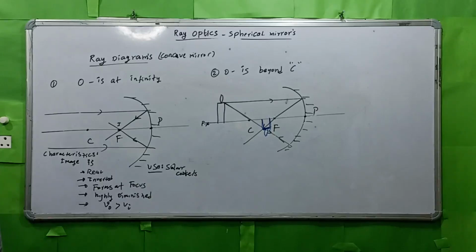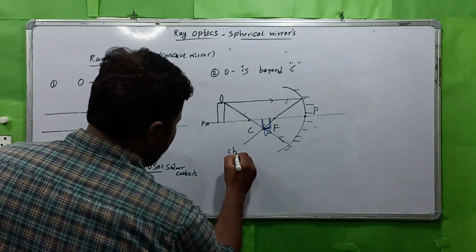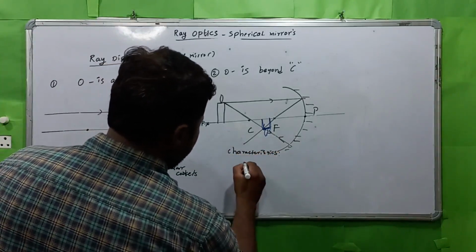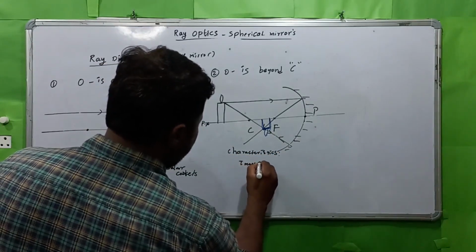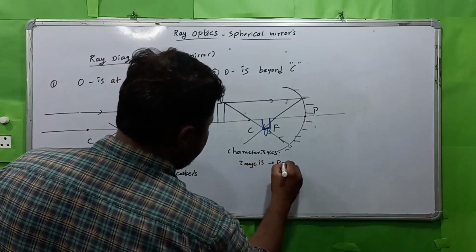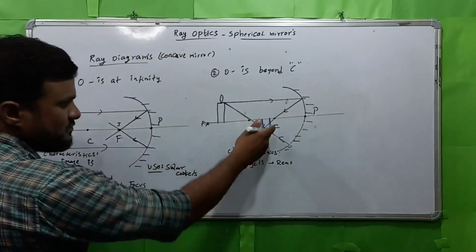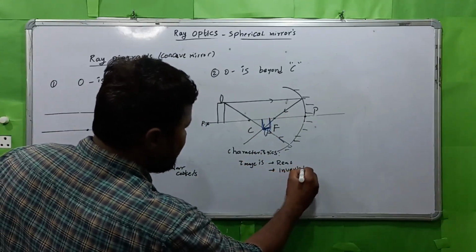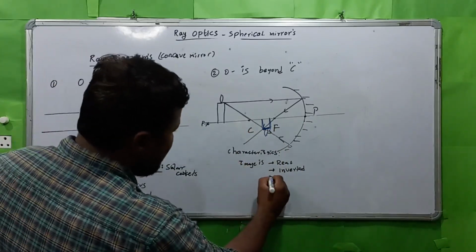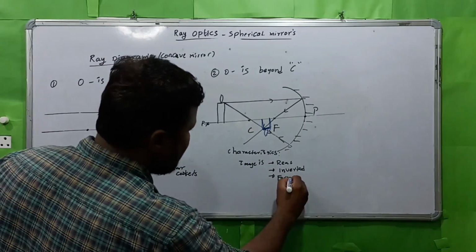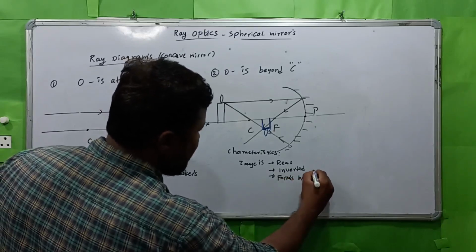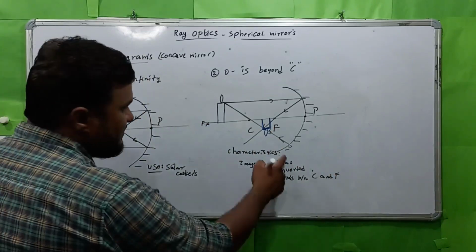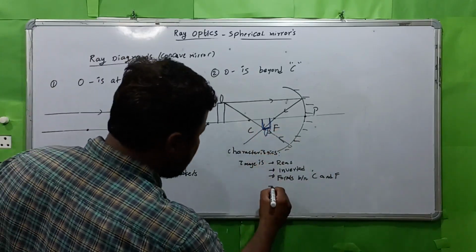Now write the characteristics. The image is, first, real, as the reflected rays actually meet. Inverted. Formed between the center of curvature and the principal focus.